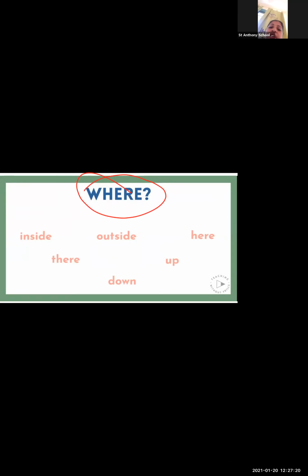So where am I looking? I am looking up and I am looking down. That means I have received the answer up and down. So these all are the answers to where, and they are considered to be adverbs in that sentence.